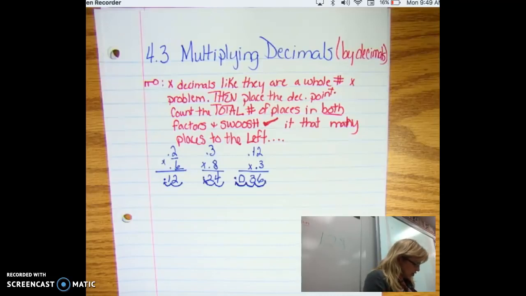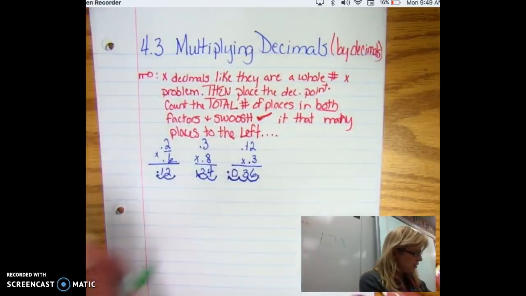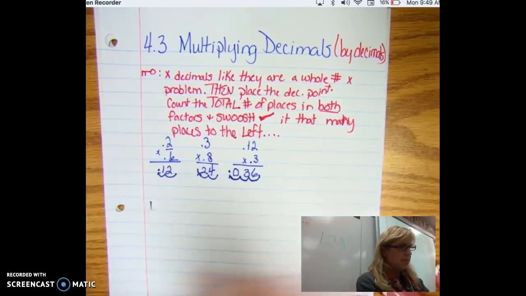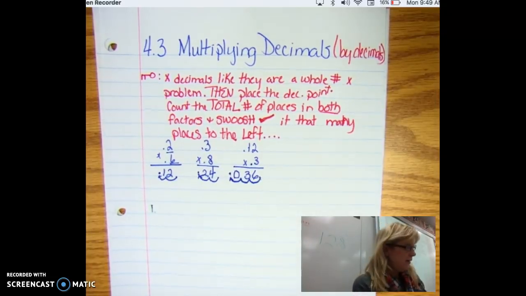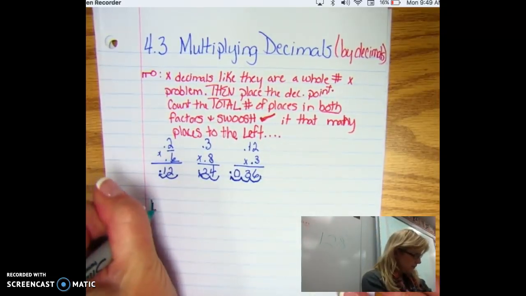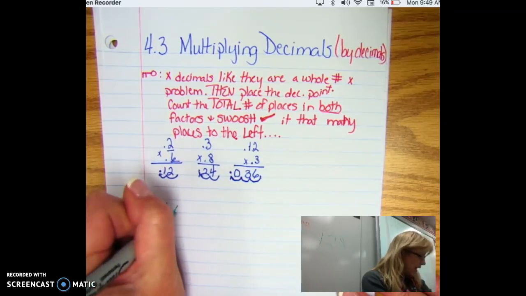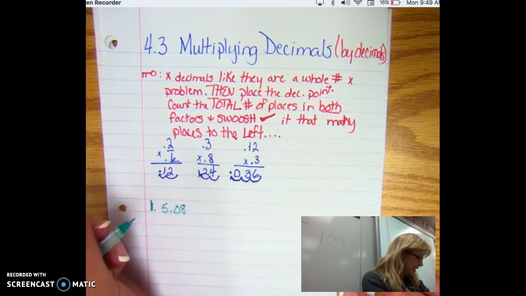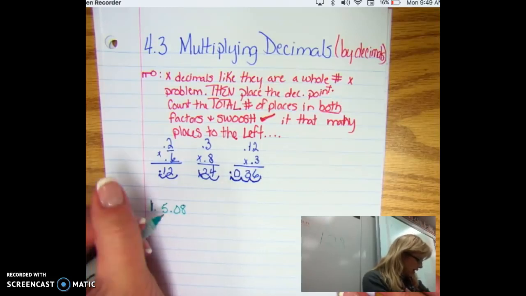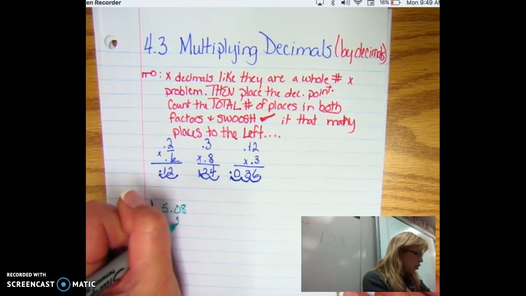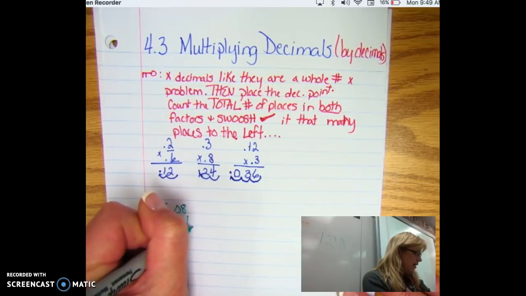Let's try 5.08, 5 and 8 hundredths, times 2.1.